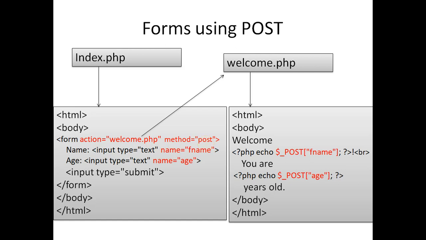Here we have mentioned welcome.php directly, and it is stored on the same computer, the localhost computer. Otherwise we have to mention the name of the server, so we have to write the path of the server. First we write the server name and then the welcome.php file.